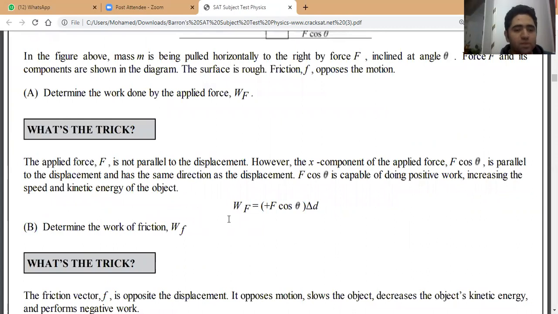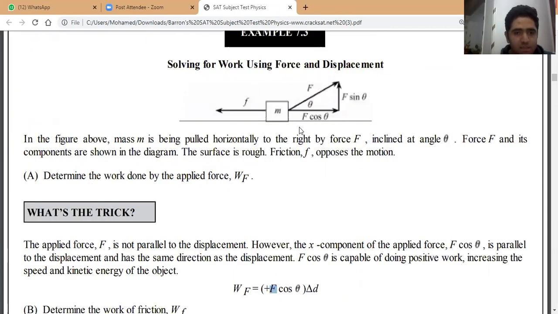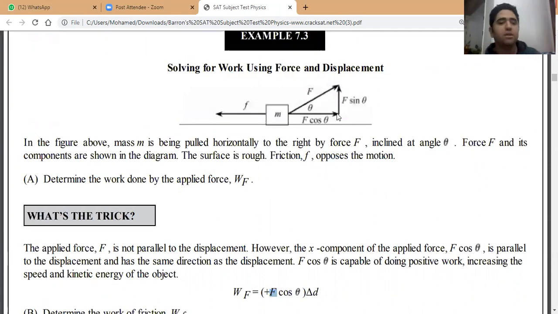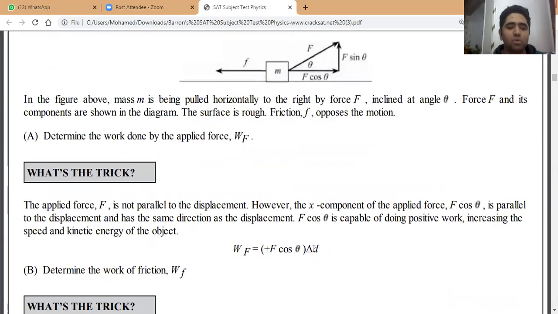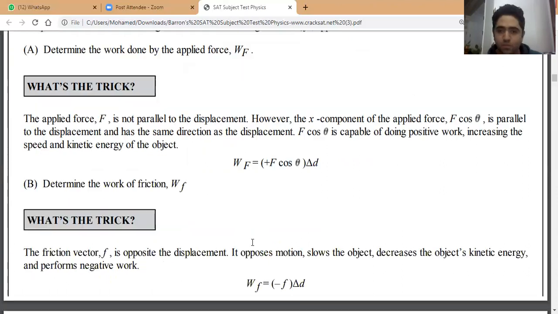So what we have said is F cosine theta, because that's the way to bring the component onto the x-axis, which is F cosine theta. So this is the one right over here. So F cosine theta multiplied by the displacement. That way we know the work by the applied force.